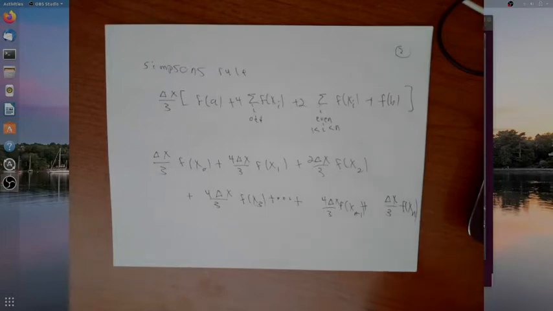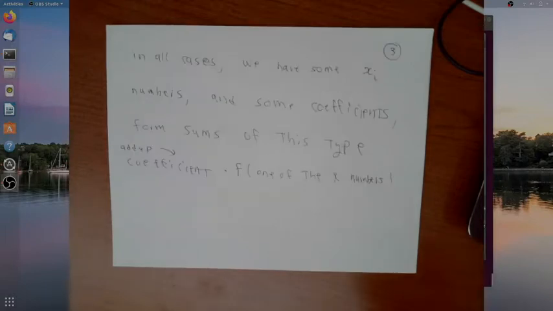Even Simpson's rule can be thought of in this way. So we'll have some x numbers. We evaluate the function at those x numbers. We multiply by some coefficient or the other, and then add all of them up.